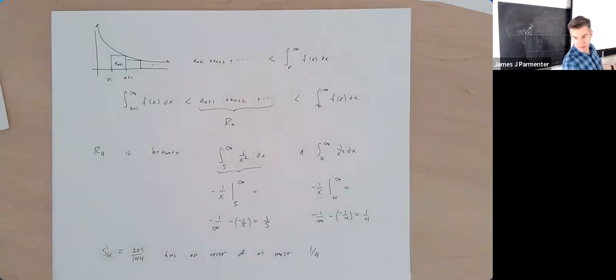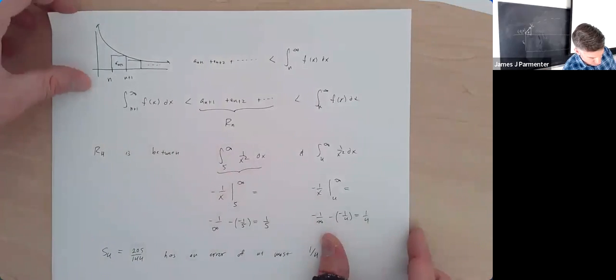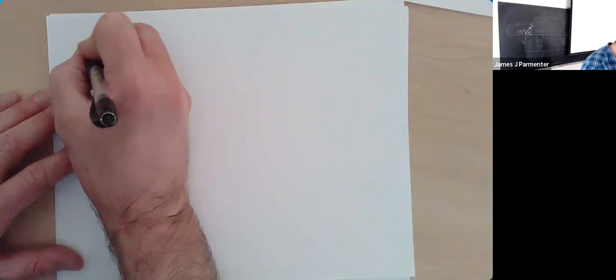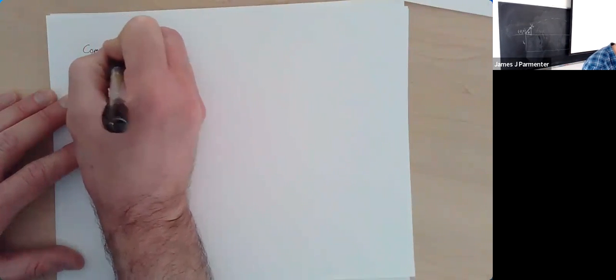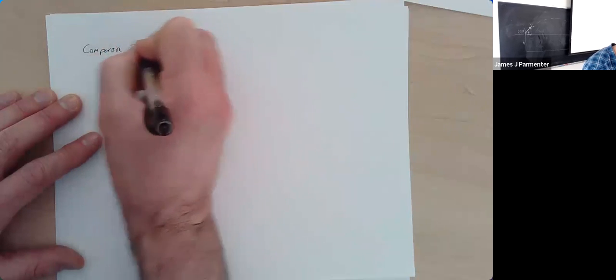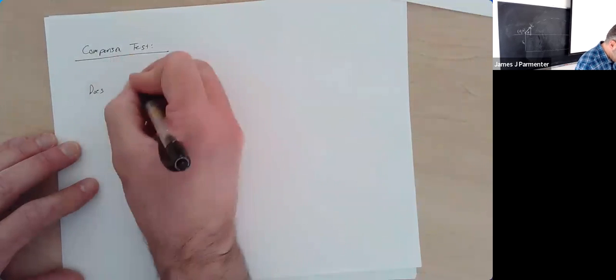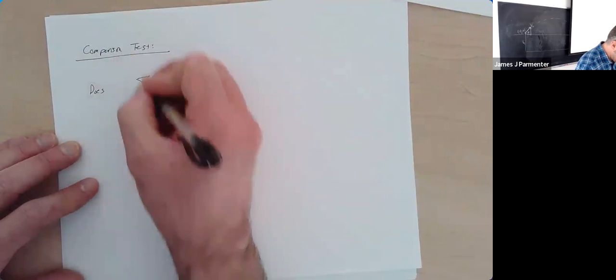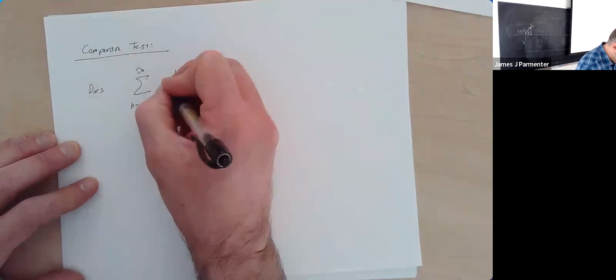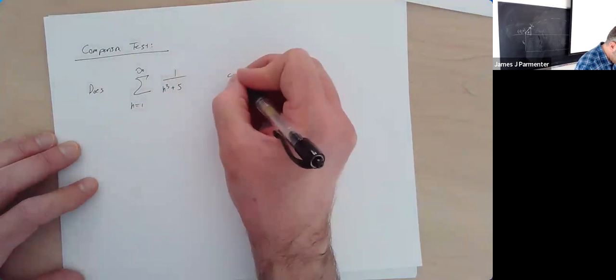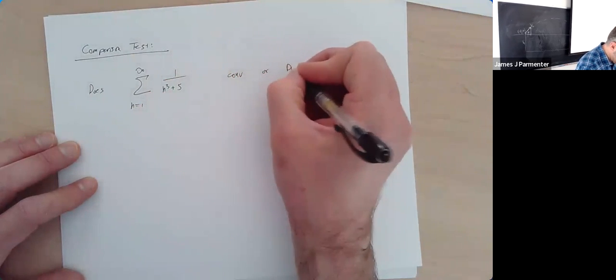All right. Let me use the last couple minutes here to briefly introduce one example. Comparison test. So does this series from n equals 1 to infinity of 1 over n cubed plus 5 converge or diverge?